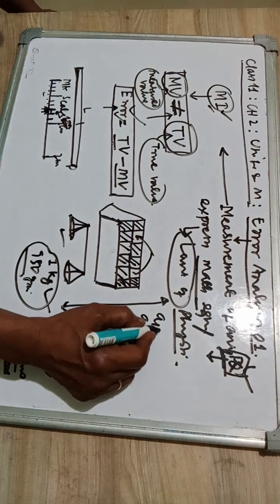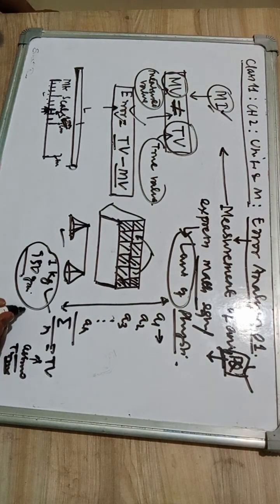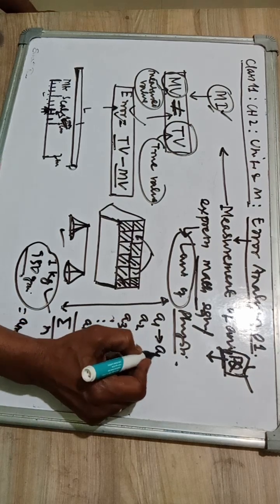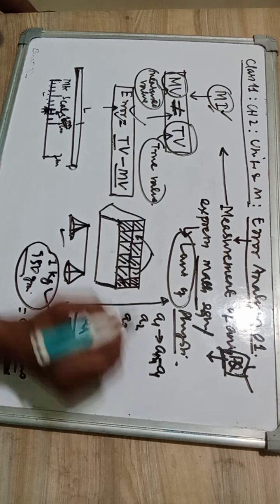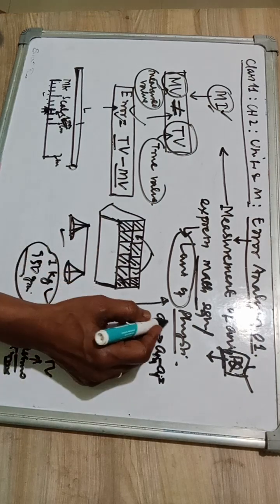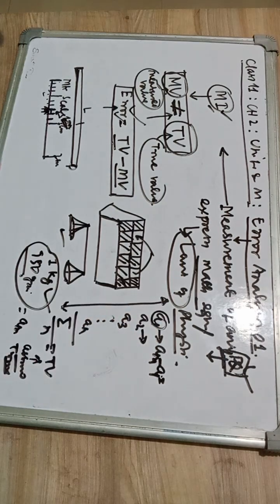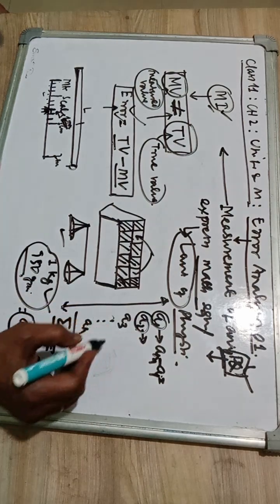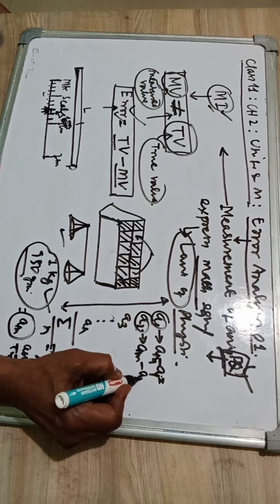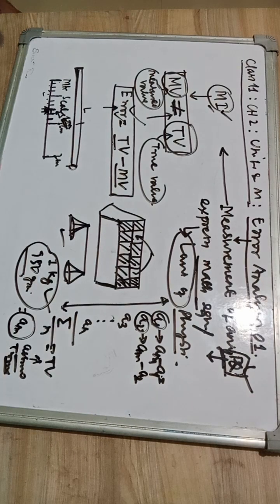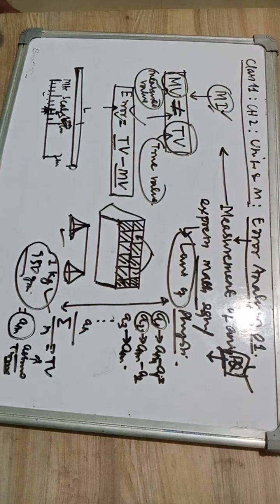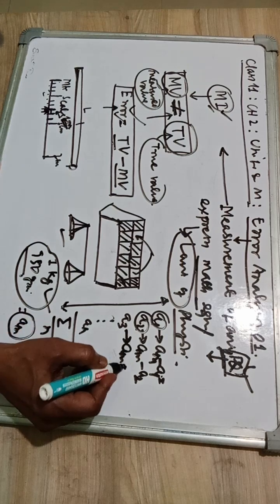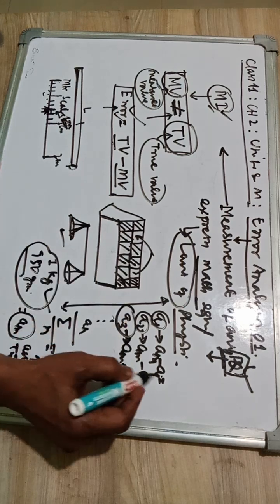And in each measurement we will find out, true value minus measured value, that is the error for that measurement. In a similar way, for the second measurement, error will be assumed true value minus measured value. In another case, the same: the difference between assumed true value and measured value will give the error for each measurement.